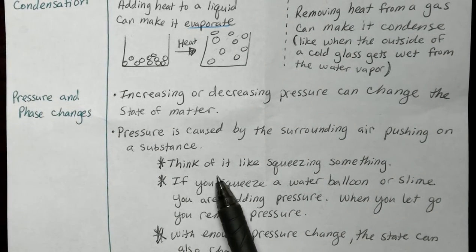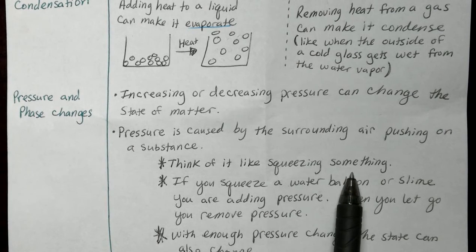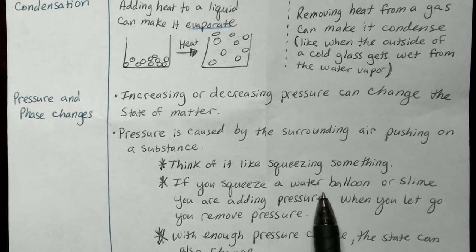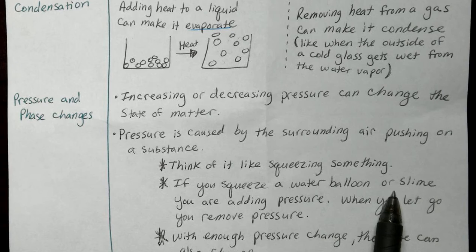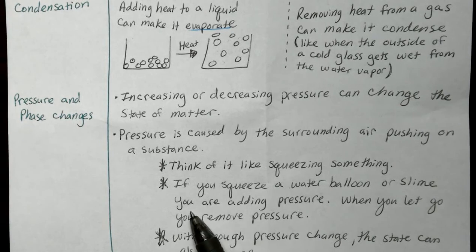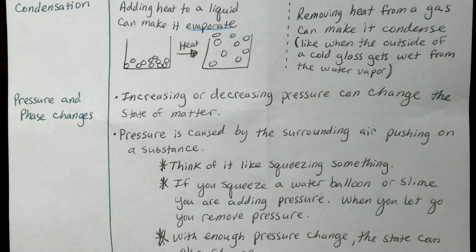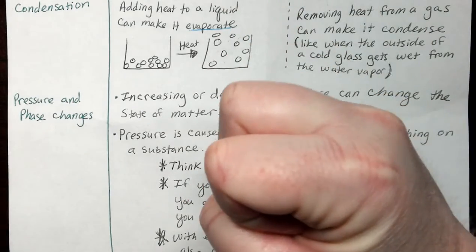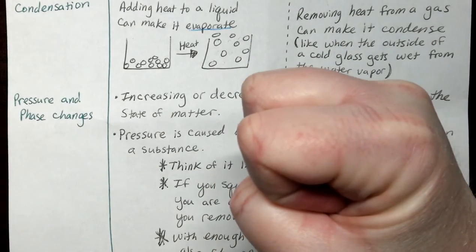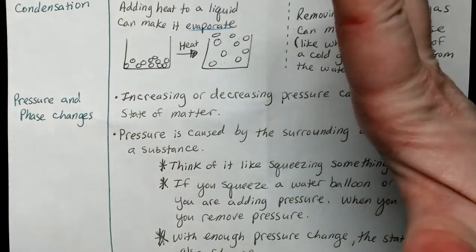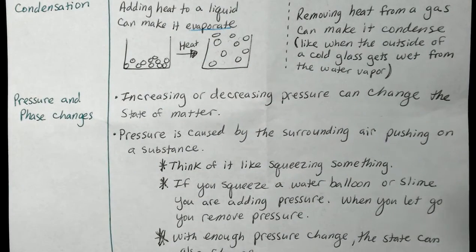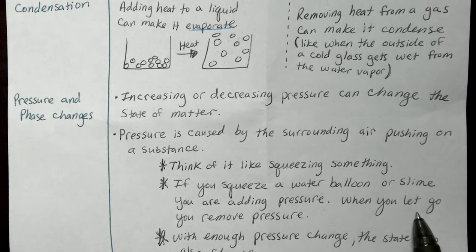If you think of it like squeezing something, if you squeeze a water balloon or a handful of slime, you are adding pressure. When you're squeezing, you're adding pressure. When you let go, you remove the pressure.